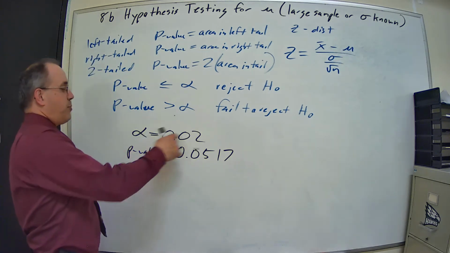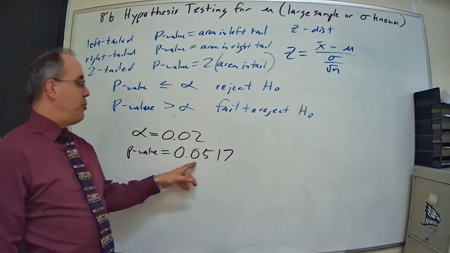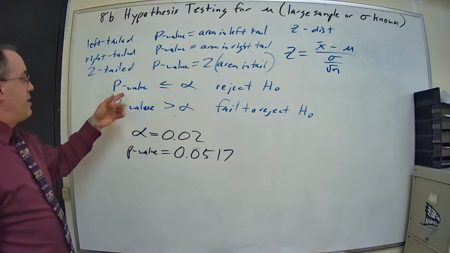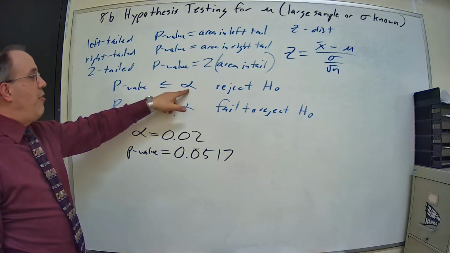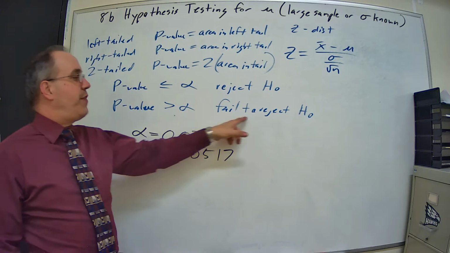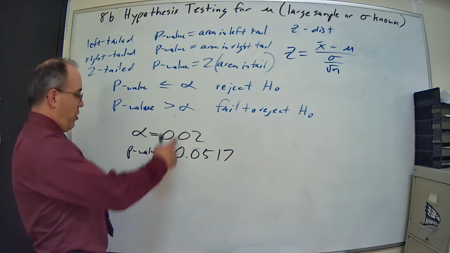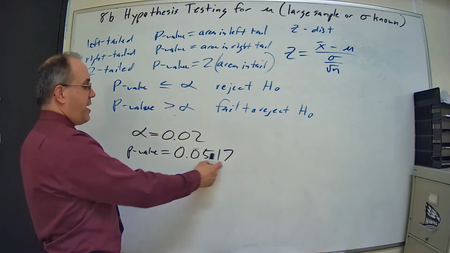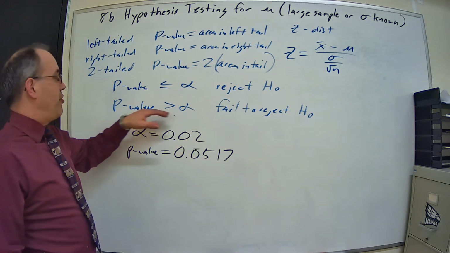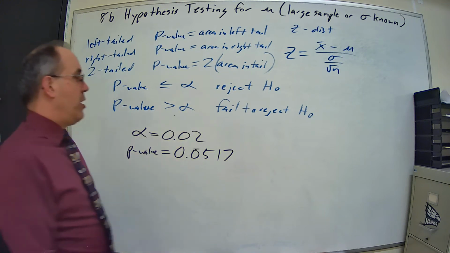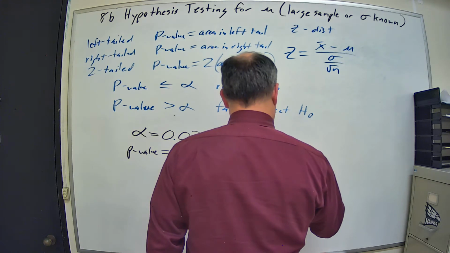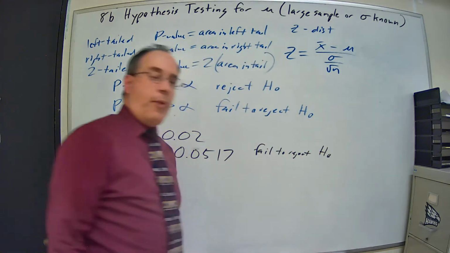So we have alpha is 0.02, our p-value is 0.0517. So now we can compare and say if the p-value is less than or equal to alpha, we'll reject the null hypothesis. If the p-value is greater than alpha, we'll fail to reject the null hypothesis. Well, here the p-value, 0.0517, is larger than 0.02, p-value greater than alpha, therefore we fail to reject the null hypothesis.